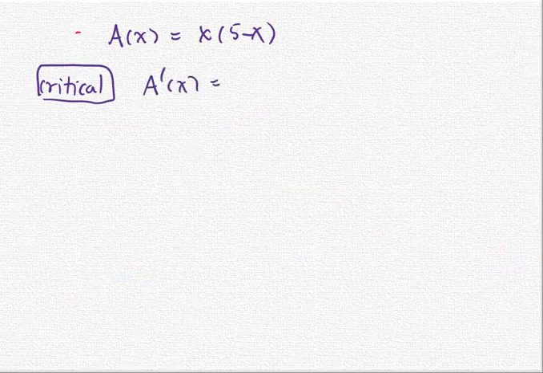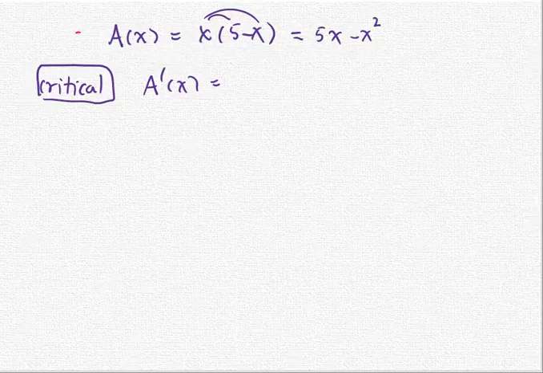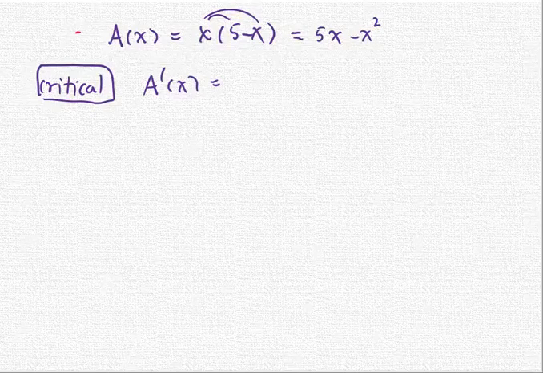Before we get A prime, let's expand A of x as a polynomial. So x times 5 is 5x, x times x is x squared with a negative sign. So A prime is less complicated to find, without using the product rule. So A prime is 5 minus 2x.